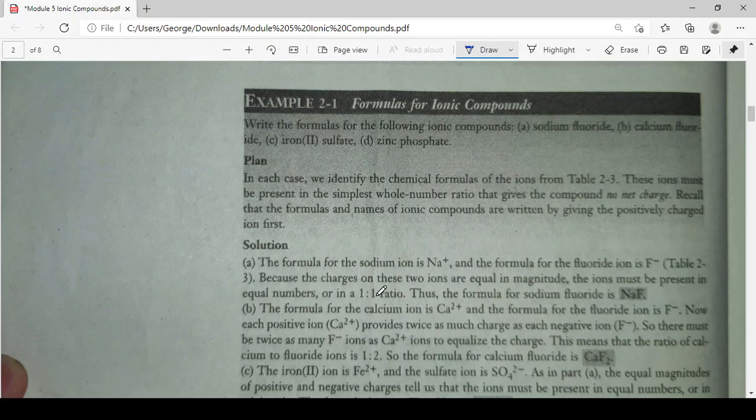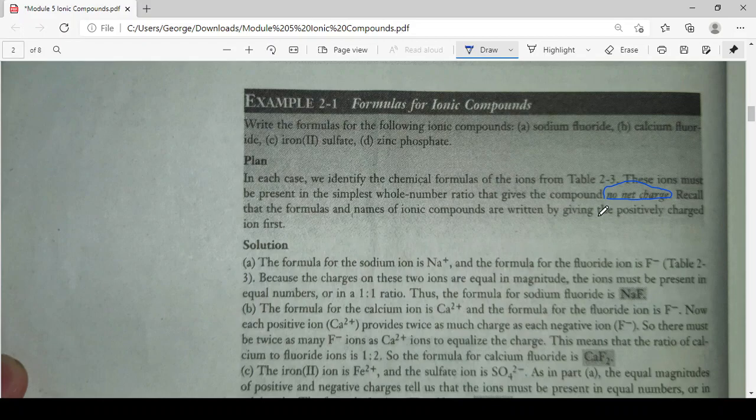In each case, we identify the chemical formulas of the ions from your table 2.3, page 1. These ions must be present in the simplest whole number ratio that gives the compound no net charge. Again, no net charge, meaning it becomes 0. So your keyword, our compounds must be 0 in order for you to write your ionic compound.